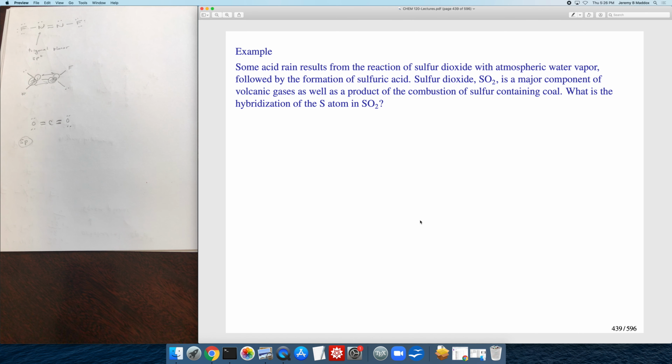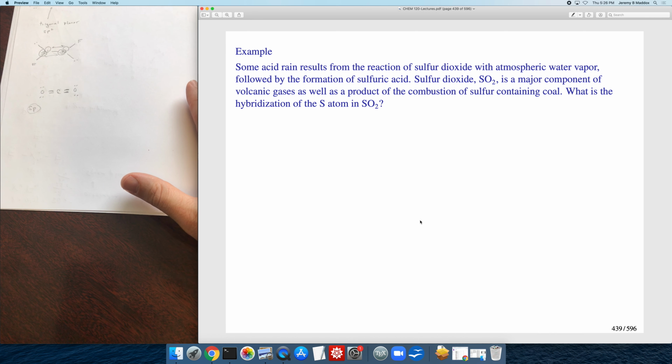In this example here, we're considering the structure of SO2. So they want to know what's the hybridization of sulfur in SO2. And so the Lewis structure that we get for SO2 would look something like this. You have a lone pair there.